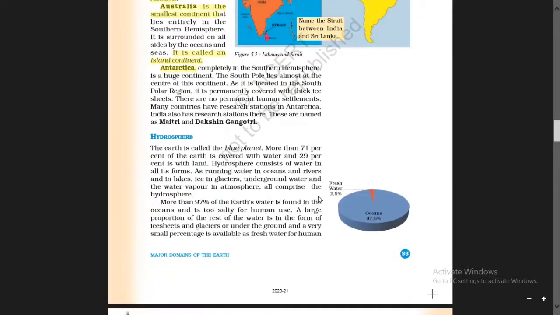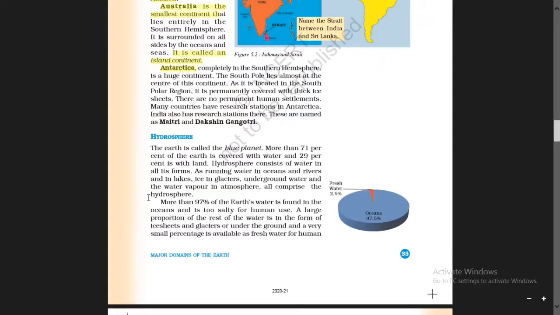More than 71% of the Earth is covered with water and 29% is with land. Hydrosphere consists of water in all its forms, as running water in oceans and rivers and in lakes, ice in glaciers, underground water, and the water vapor in atmosphere.